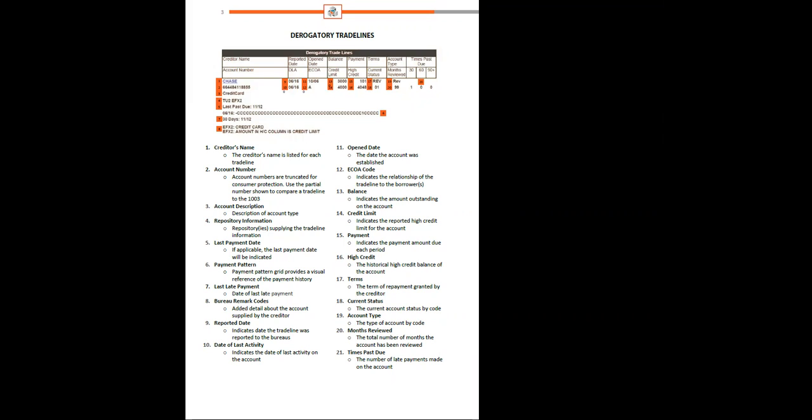And then after December, the reporting period will be January the 1st through the 15th.